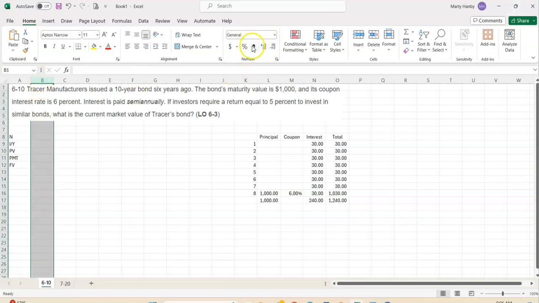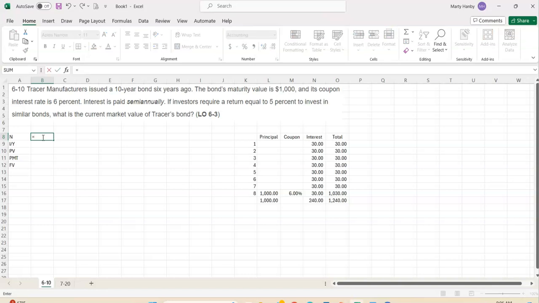I'll use the coupon, and then I'll format IY as a percent. So just hit the comma. Equals 4 years, and then semi-annual, so times 2. And then we do percent, and I'll make it 2 decimal places.